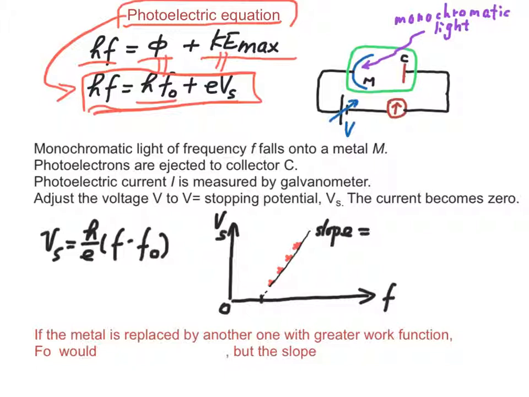How to verify these equations? Experiment. First, we use this setup. In this case, the collector is at a lower potential than the metal. Therefore, it is a negative potential.